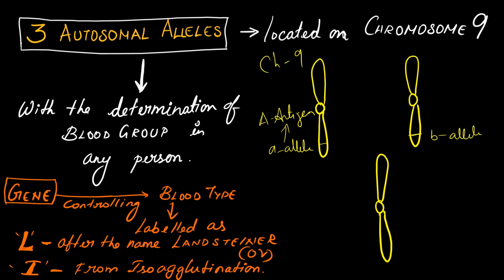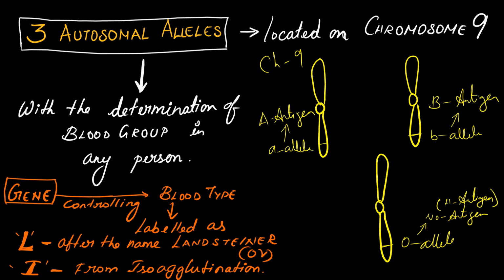If they have B allele, they are going to express B antigen. If in another chromosome, the same location only, they are going to have O allele, they will be producing no antigen, or H antigen.